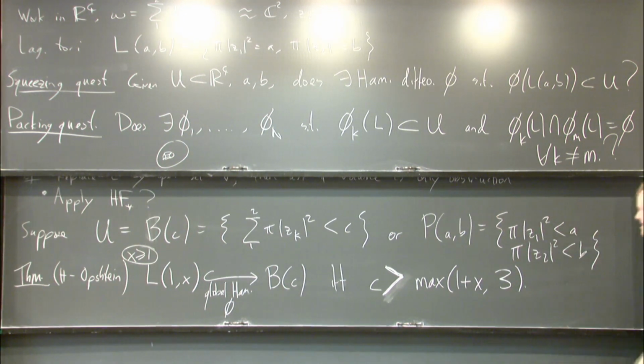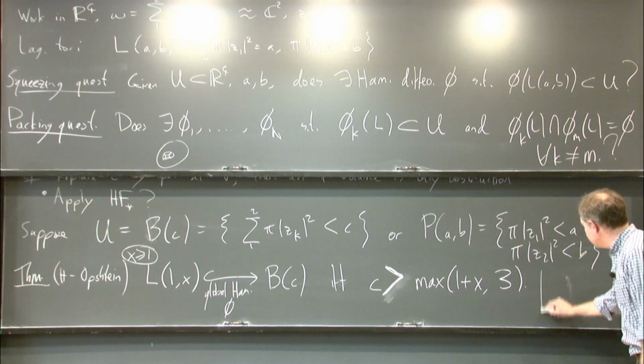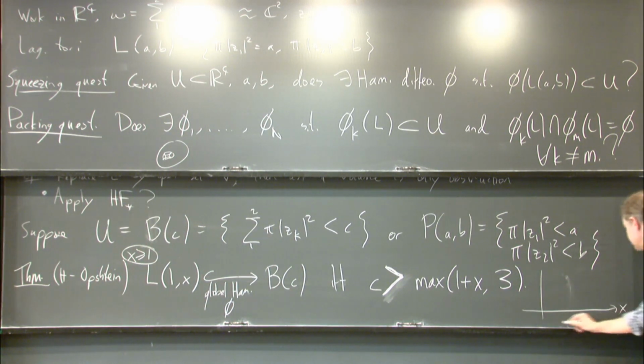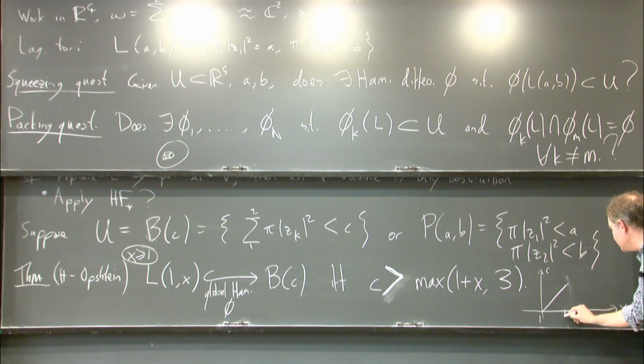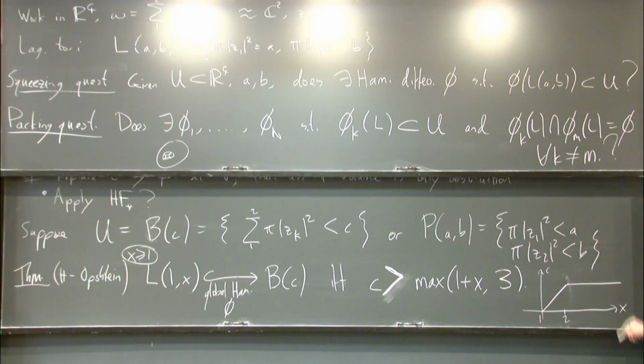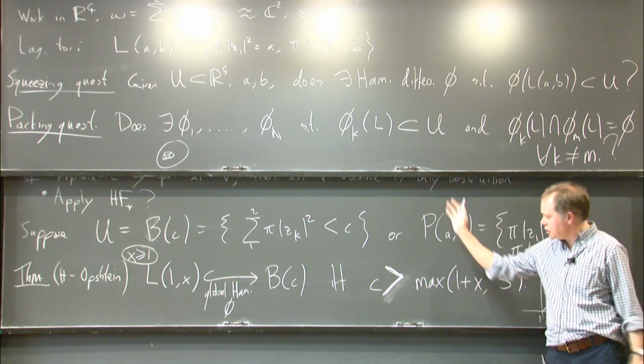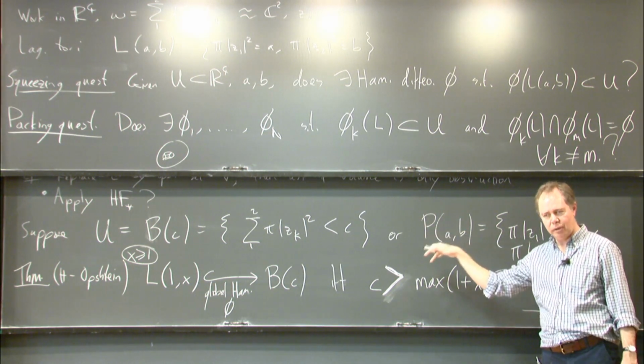So in other words, x goes along here. So somehow the optimal embedding is linear between 1 and 2, and then it's just constant the rest of the way. That's it. So that tells you exactly when there's a global Hamiltonian motion which puts a Lagrangian torus inside a ball.